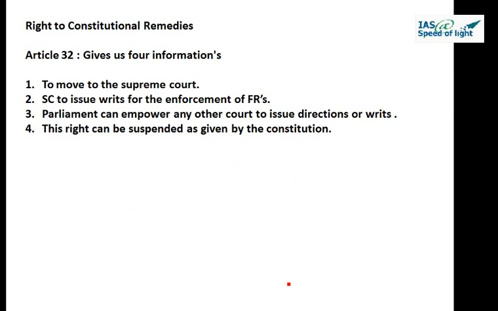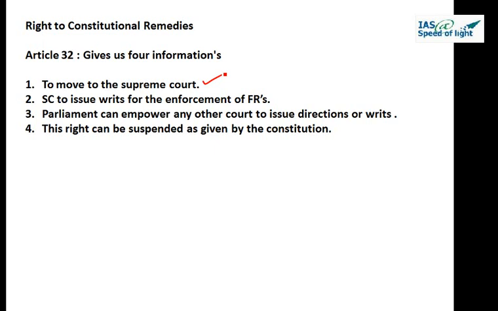The right to move the Supreme Court by appropriate proceedings for the enforcement of the rights conferred by this part is guaranteed. So the right to move to the Supreme Court for the violation of fundamental rights is in itself guaranteed by the Constitution. The first part is to move to the Supreme Court for the enforcement of fundamental rights.